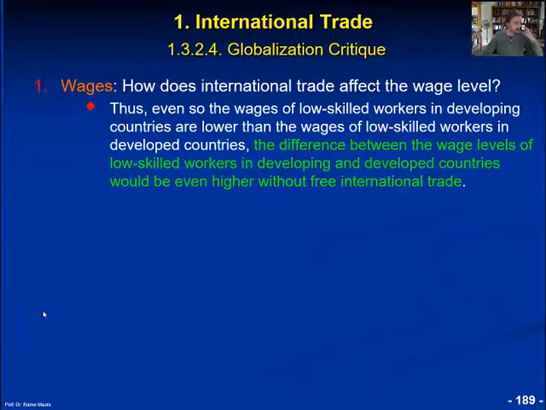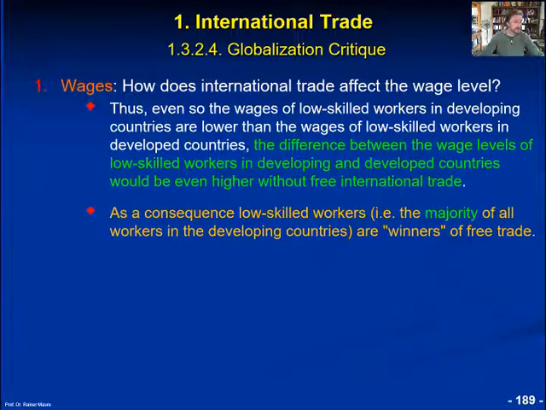Thus, even so, wages of low-skilled workers in developing countries are lower than the wages of low-skilled workers in developed countries, the difference between the wage levels would be even higher without free international trade.